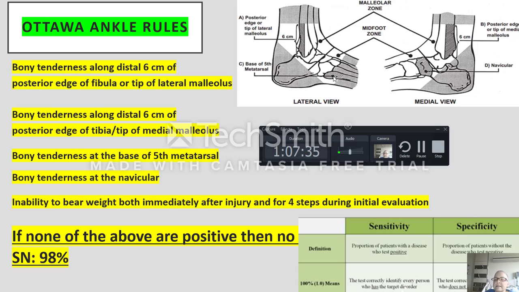Bony tenderness at the navicular, which is medially, is right here. Inability to bear weight both immediately after injury and for 4 steps during the initial evaluation.